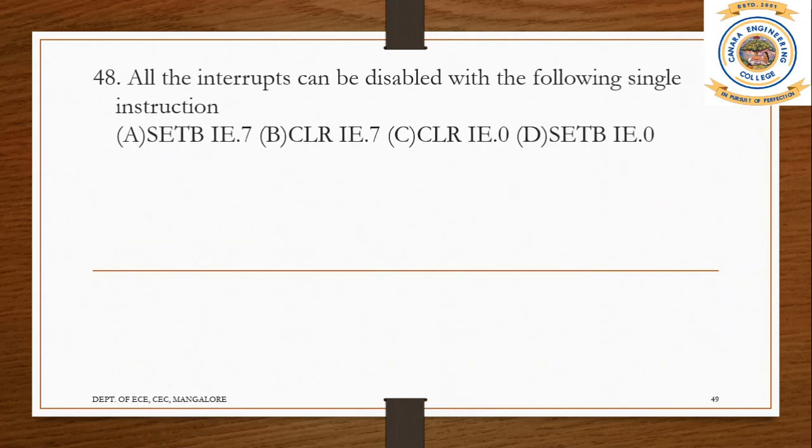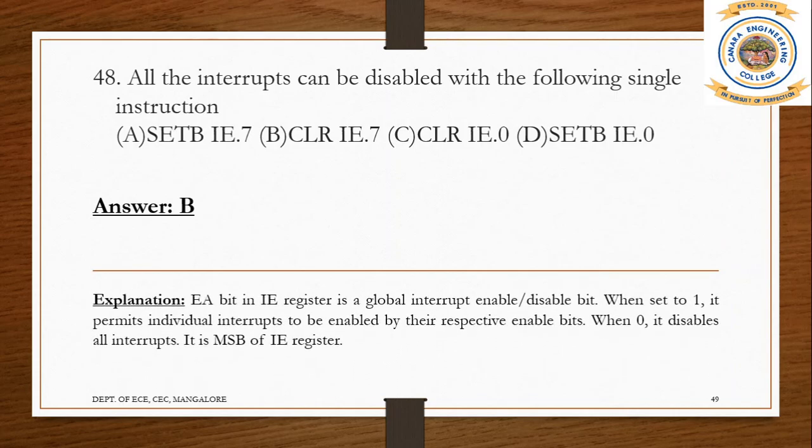All the interrupts can be disabled with the following single instruction. So this is about the interrupt enable register. Which single instruction will help you to disable all the interrupts at once? The answer is B, because the 7th bit or MSB of the interrupt enable register, that is the IE register, is the EA bit. If this is 1, then all the interrupts will be enabled and 8051 will decide which has priority.